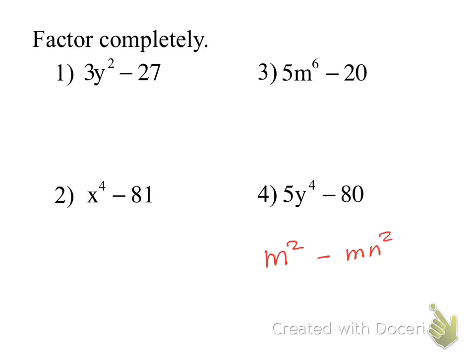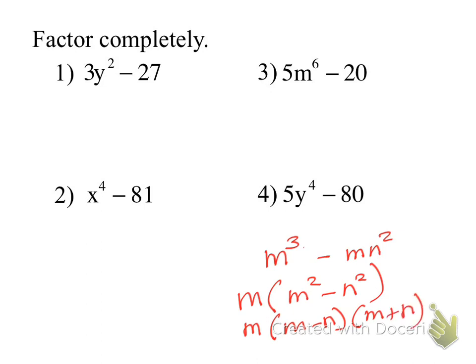It would have to be m to the third. So if I factor out the GCF, what is it? Just an m. Then I'm left with m squared minus n squared, which is a difference of squares. m times m minus n times m plus n.